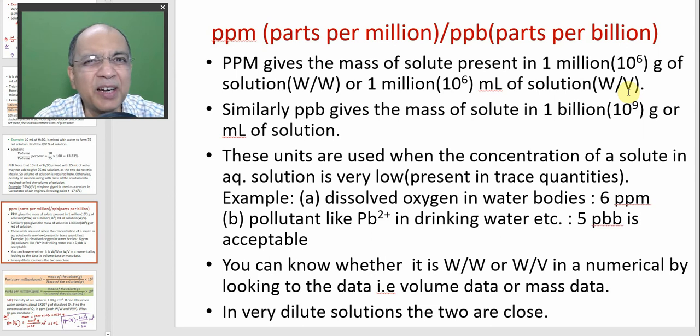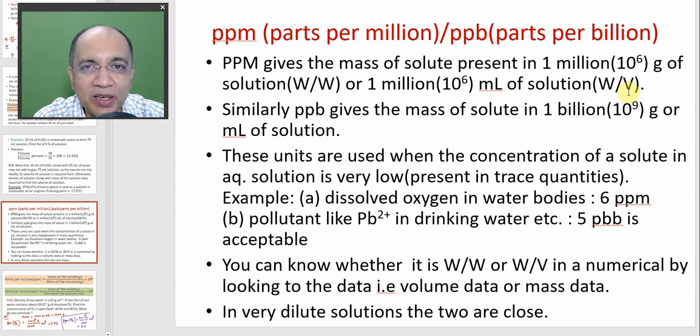But you never find the density data, because ppb and ppm are used only to express very, very low concentrations, particularly for some gases dissolved in water bodies, like dissolved oxygen in water.